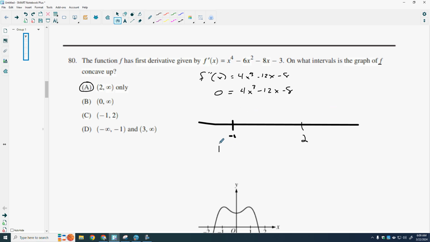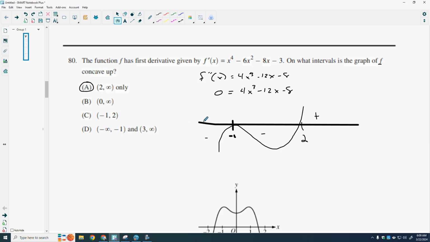Totally doable. Remember our graph went like this? And so this would be negative, and this would be positive. If I were to solve this, I would find my zeros, and I would check where my graph is positive, which tells me concave up.